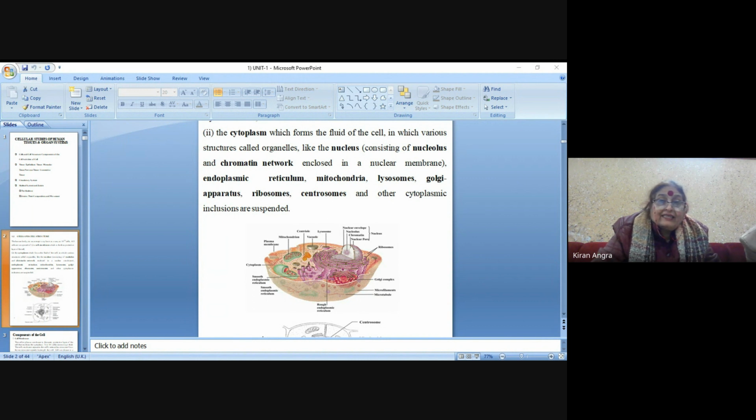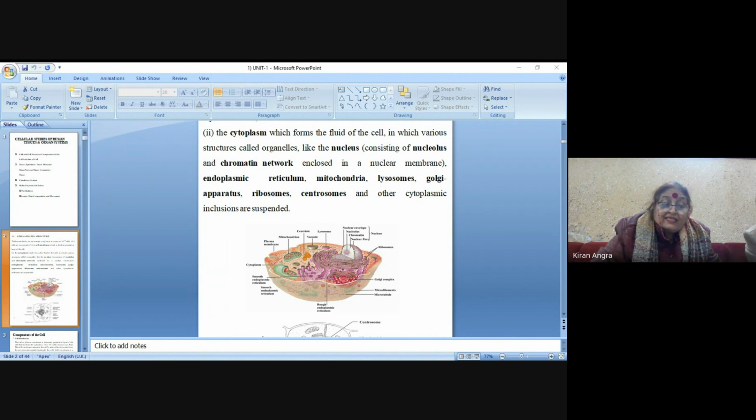So let us take these cell components, which all the cells are composed of. Let's take first the cell membrane. What is this cell membrane? This cell membrane is also called the plasma membrane. It is an outer protective layer of the cell which encloses the cytoplasm.